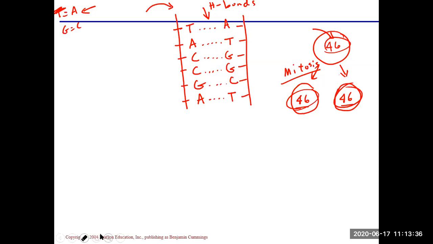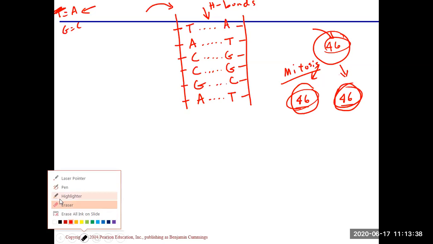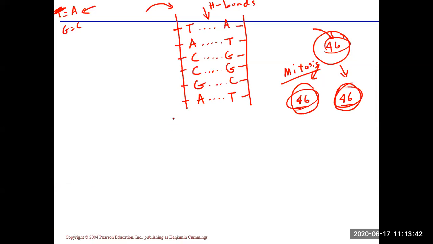In the cell, the strands actually get separated from one another, and one strand is going to be used as a template. So I'm just bringing this over here, and I'm assigning the same letters so you could see it a little bit better.